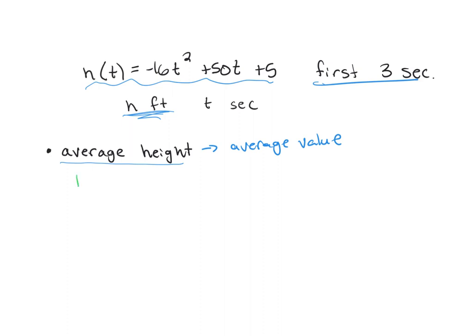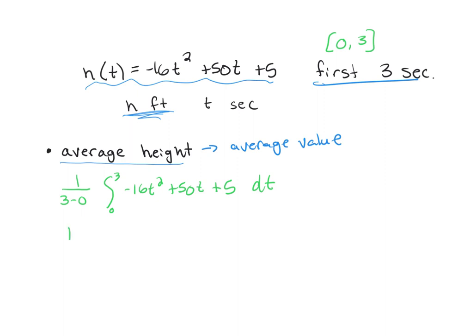So we have 1 over b minus a. Well, in this case, if it's the first 3 seconds, it's from 0 to 3. So 3 minus 0, of the integral from 0 to 3 of our function with respect to t.